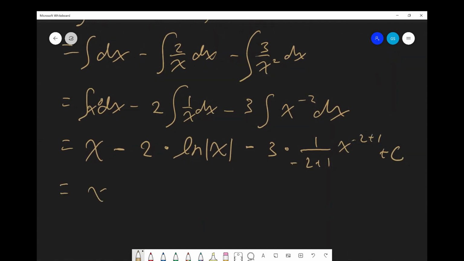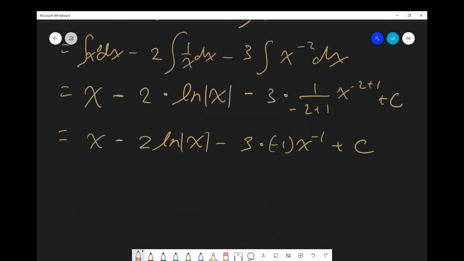So we end up with x minus 2 natural log of the absolute value of x minus 3 over negative 2 plus 1, which is negative 1. I won't skip a step, just to show it to you guys. So x minus 2.